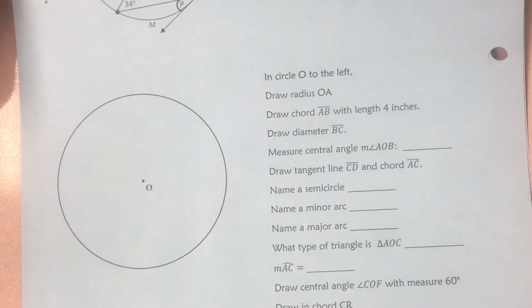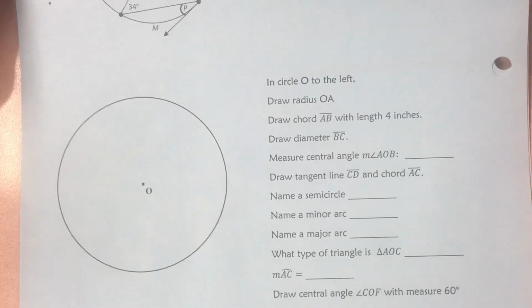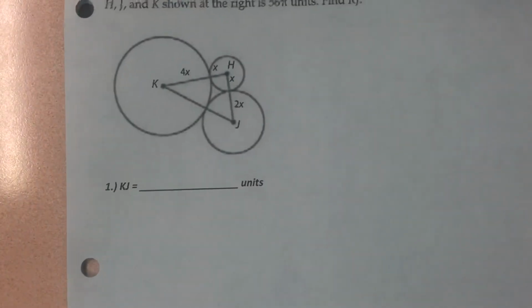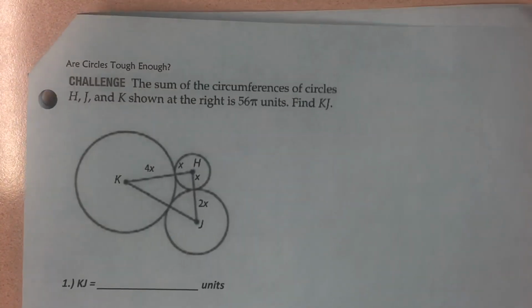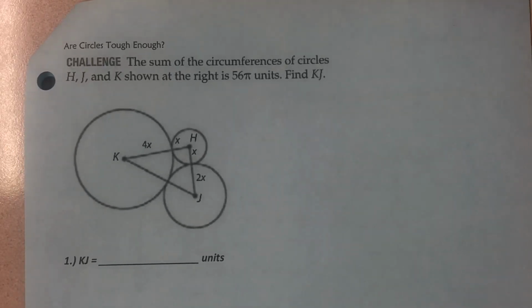If you have questions about it, feel free to ask me on our discussion page or via Canvas inbox message. Then our last page here are some challenge problems. I think they're interesting. Again, if you want to go through them, try them out on your own, and ask me questions as we go further. Let me know either via discussion or Canvas inbox.